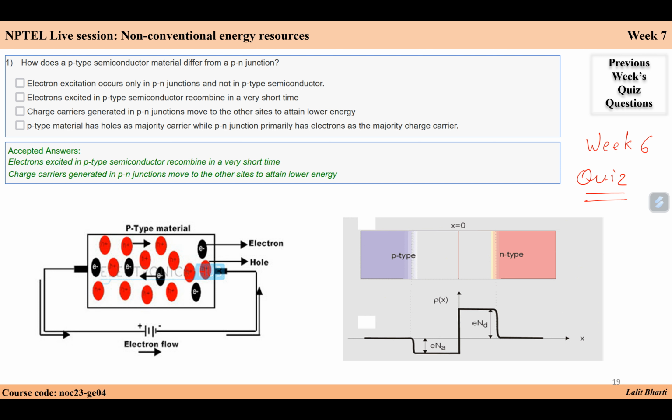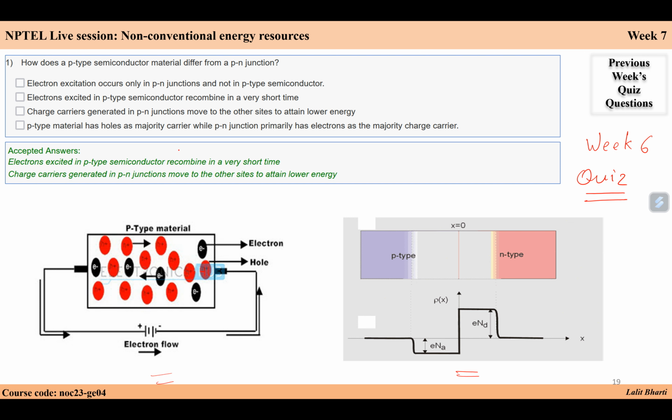Okay, so we are back to our discussion. So we will discuss these previous week's questions. The first question is, how does a P-type semiconductor material differ from a PN junction? This is just a P-type material, and here on the right side we have a PN junction.